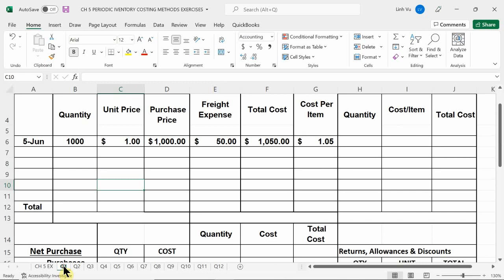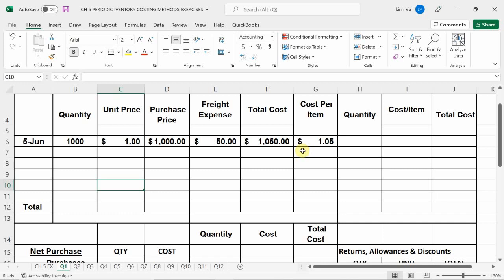Now, if I take a look at my inventory worksheet, the cost says right here that it's $1.05. In this case, when we are dealing with a refund, we cannot return freight or shipping costs because it's a separate cost to the business. So it's not going to be included in the price of the refund.